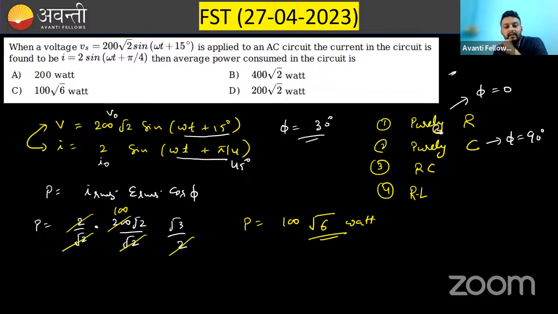Now, in this situation, current is leading the voltage. That's true. That means capacitance should be there. And by only 45 degree, that means it's not pure capacitive, because in pure capacitive, this phase difference should be 90 degree. So this phase difference is not 90. That means circuit is RC circuit. Current is leading. That's why I'm saying that capacitive circuit should be there. But it is not leading by 90 degree. That's why it should be RC circuit. Clear?